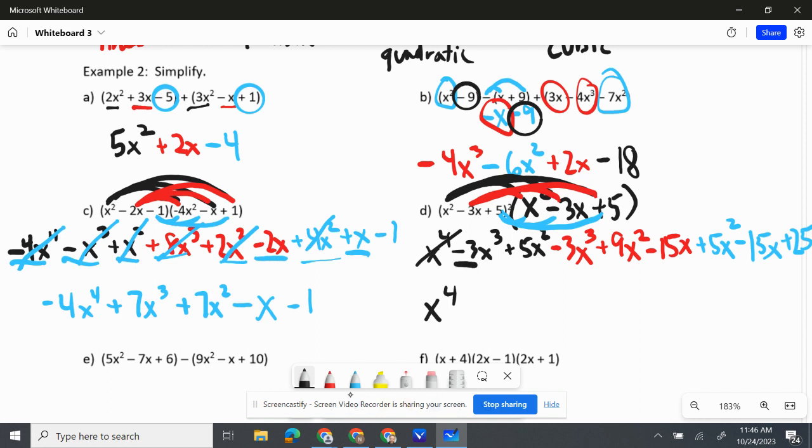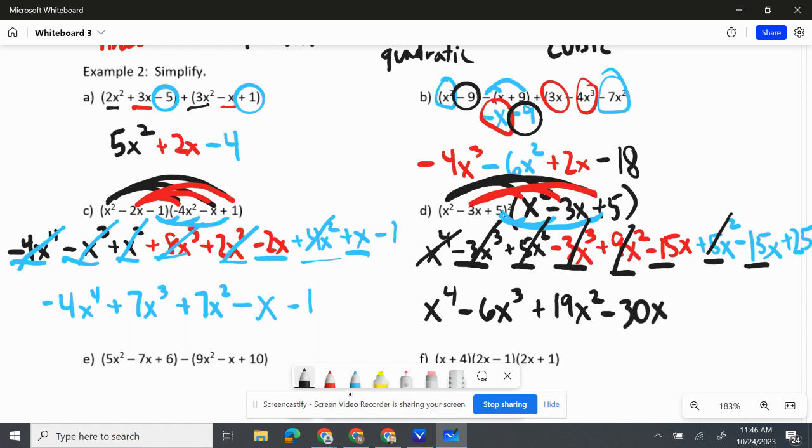Then I have a negative 3x cubed and a negative 3x cubed, so that's negative 6x cubed. I have a 5x squared, a 9x squared, and another 5x squared, which is positive 19x squared. Then I have a negative 15x and a negative 15x, which is negative 30x, and a 25.